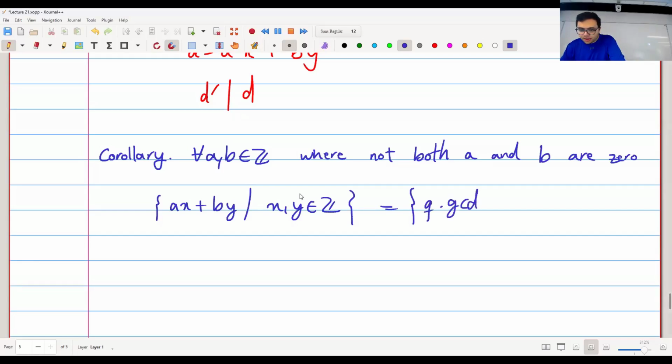Some Q times GCD of A, B. These two sets are the same.